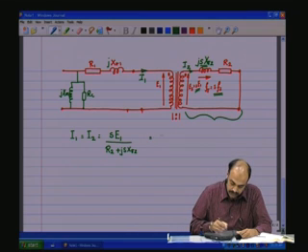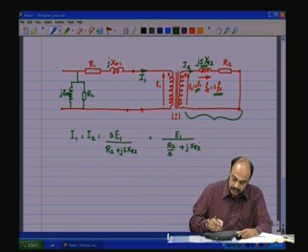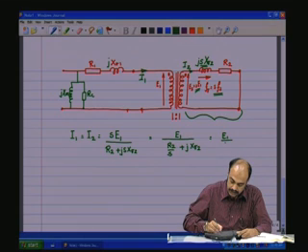This is equal to E1 by (R2 by S plus jX sigma 2). This is equal to E1 by Z.